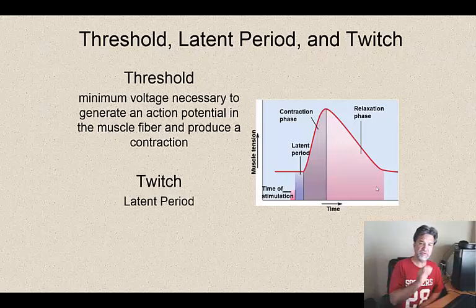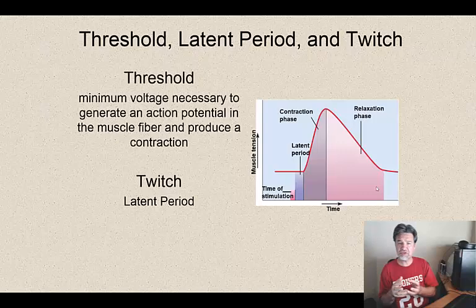So there are 3 parts. The latent period is the part where the stimulus reaches the end of the axon. We go through all those steps: the release of acetylcholine, crossing the synaptic cleft, moving over to the motor end plate, causing the generation of a new action potential, it moving down over to the T-tubules and impacting on the terminal cisterns.